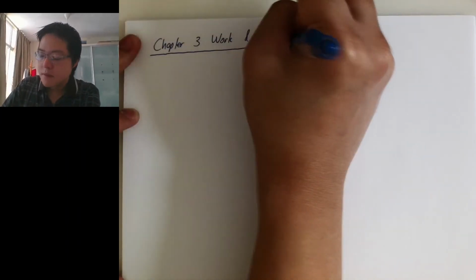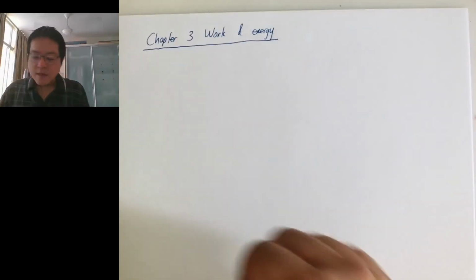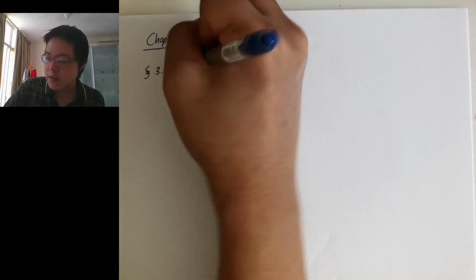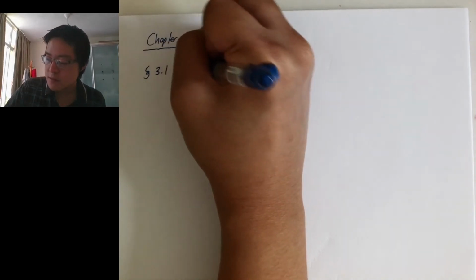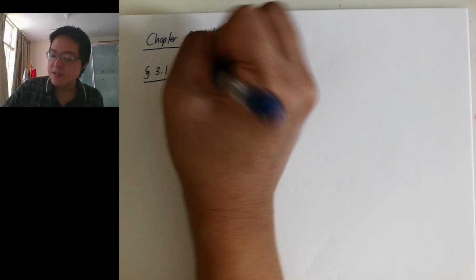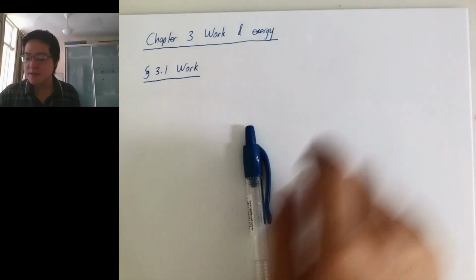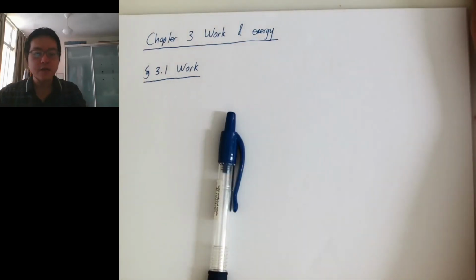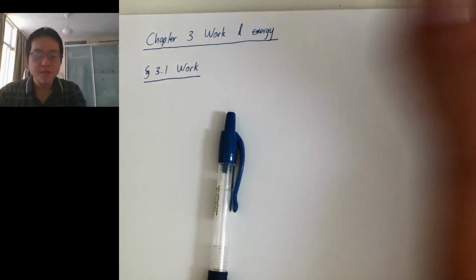Okay. So what is work and energy about? We shall start by talking about work first. And this is the logical, this is the conceptual way. By defining and understanding work, we will come towards the conservation of energy concept.